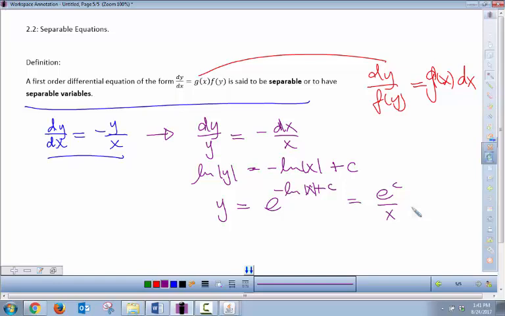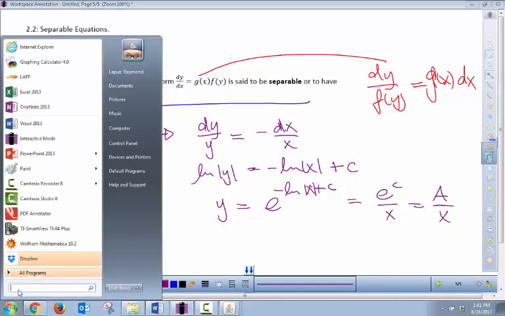What's e to the c? That's just another constant. So sometimes people take e to the c as another constant and just call it another constant a. Okay? So this is our family of curves. So notice it's not a plus c like we've seen before. The plus c happened up here, but after we solved for it, it didn't become a plus c anymore. So sometimes those things can happen.